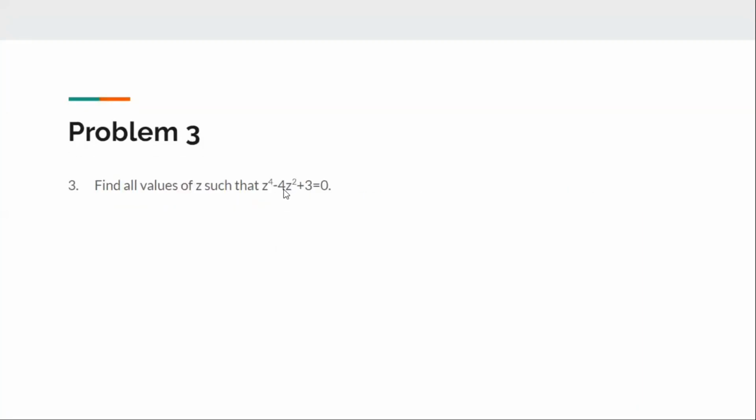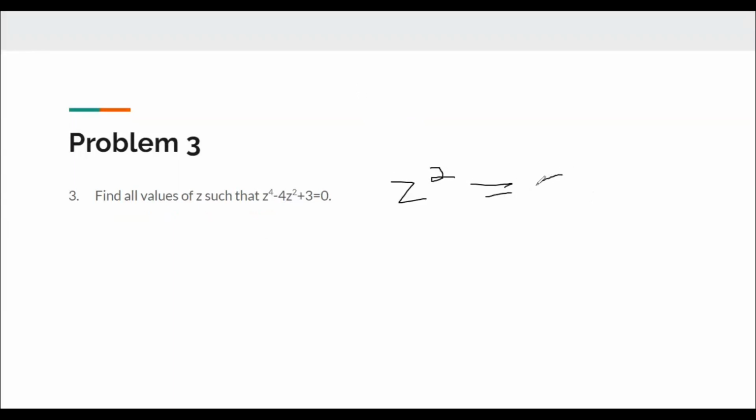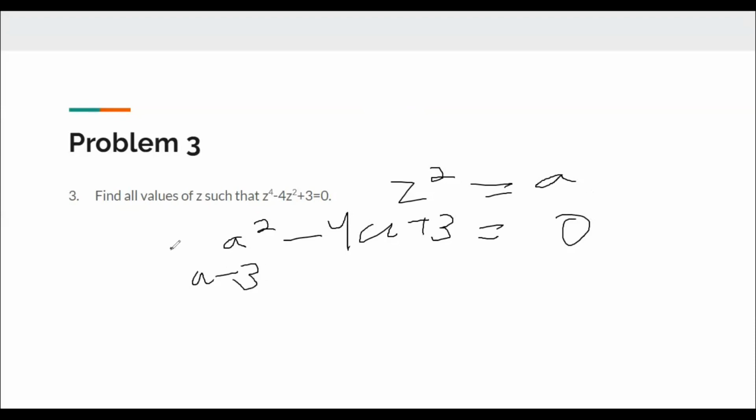Find all values of z such that z to the fourth minus 4z squared plus 3 is equal to 0. Set z squared equal to a, and we're going to get a squared minus 4a plus 3 is equal to 0, or (a minus 3)(a minus 1) is equal to 0.